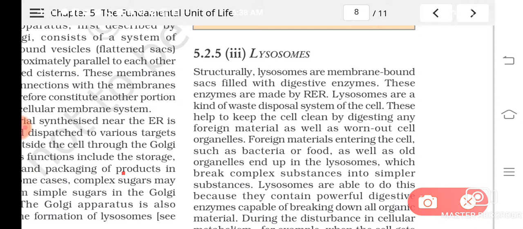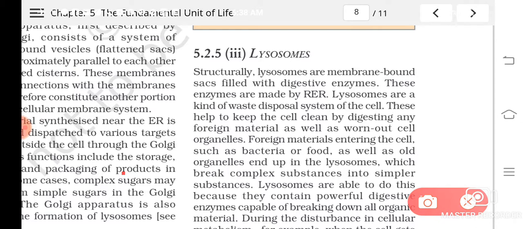They are concerned with the cleaning of the cell by digesting any foreign material, and also worn out cells, whose function is already over. Understood? If any foreign material like bacteria or other substances enters the cell, they help in breaking down these materials into simpler forms.